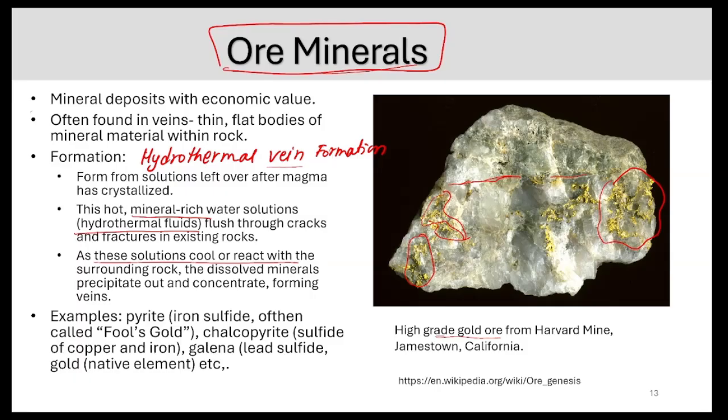As the fluid cools, the dissolved minerals, such as, in this image, gold, silver, lead, etc., precipitate out, creating concentrated minerals like this, forming ore minerals, sometimes also called mineral veins.